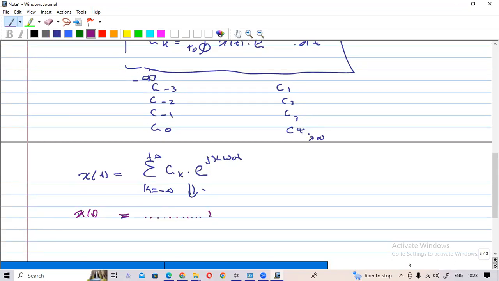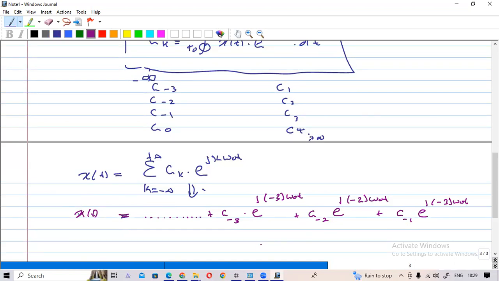Some terms may be there. So if I start it from c minus 3, e to the power j, k is minus 3, omega naught t, plus c minus 2, e to the power j, k is equal to minus 2, omega naught t, plus c minus 1, e to the power j, minus 3 omega naught t.